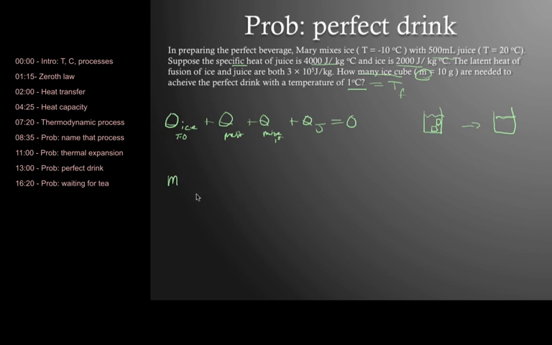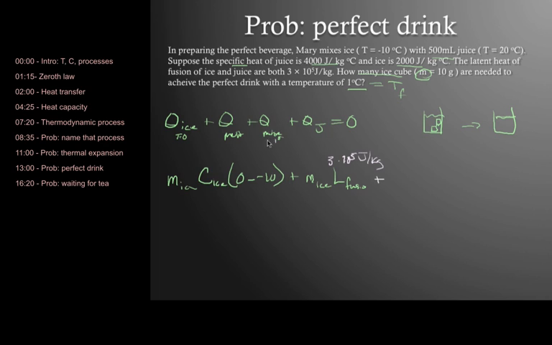So here let's raise the temperature of the ice, and that's times C of the ice, and then times delta T of the ice. So that's T final. The ice, we're going to bring it up to melting, so that's 0 minus a negative 10. And then now we're going to melt the ice. So this is the mass of the ice times the latent heat of fusion, which is 3 times 10 to the 5th joules per kilogram.